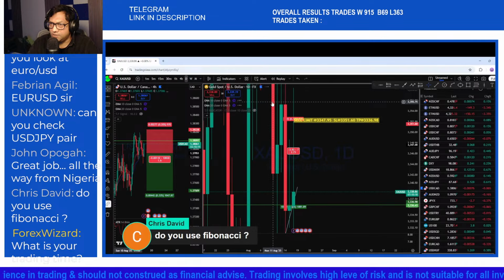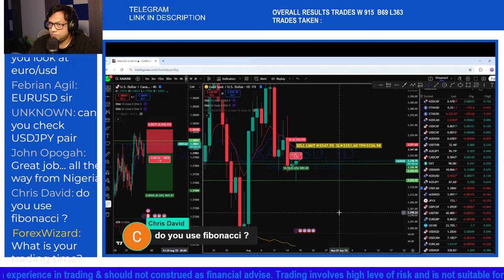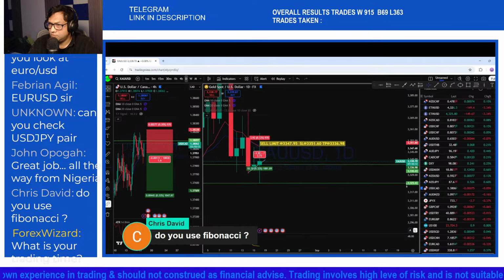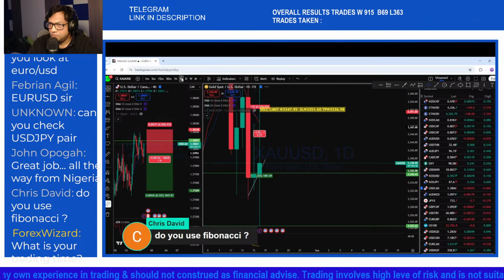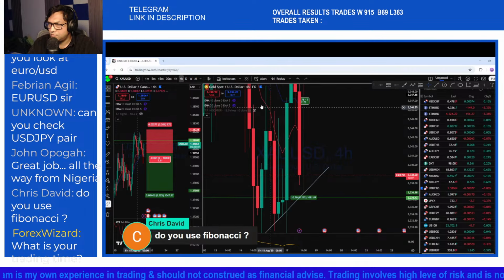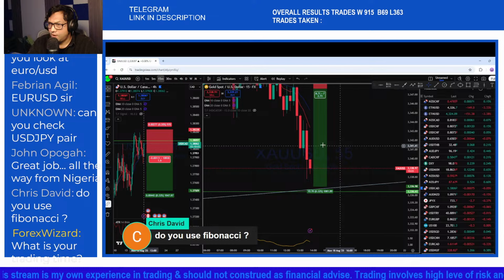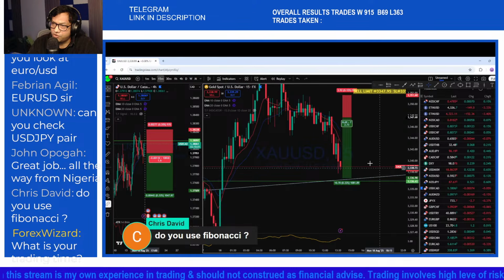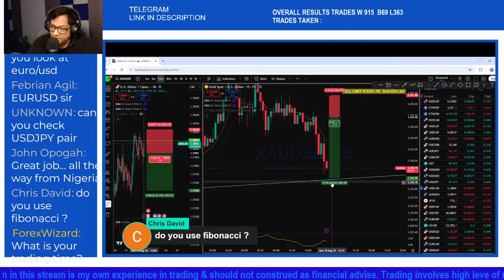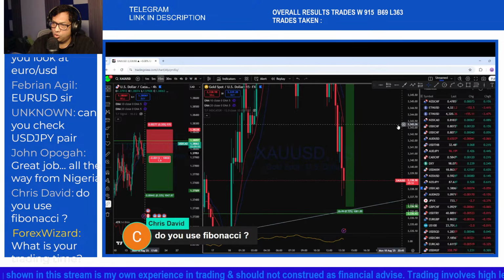It's on the daily support. And here you can see the market is slowly trying to break that low here to create a potentially lower low in this market.